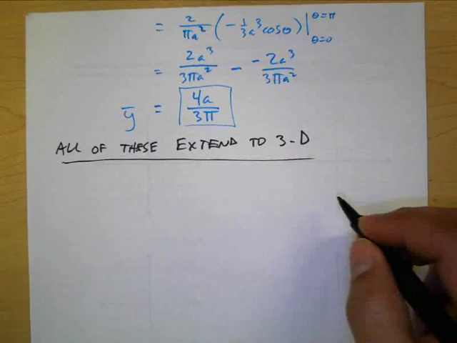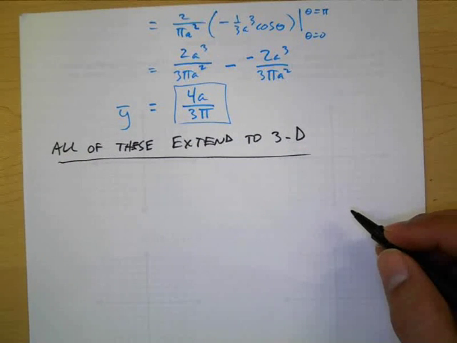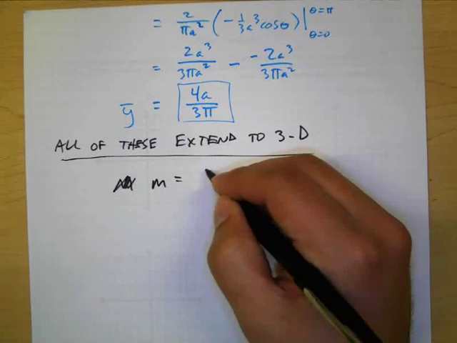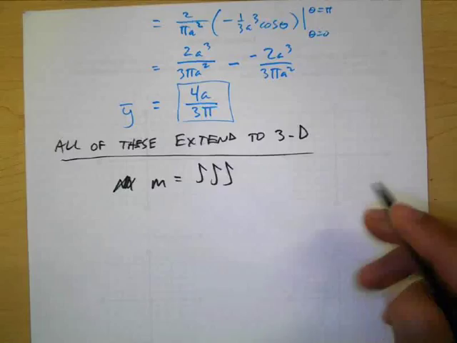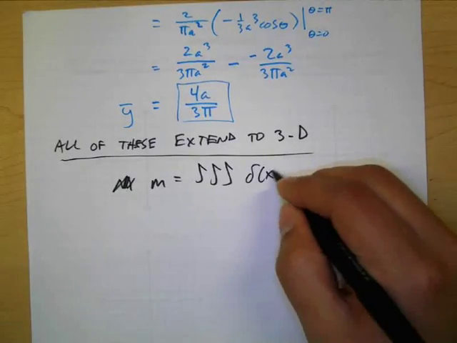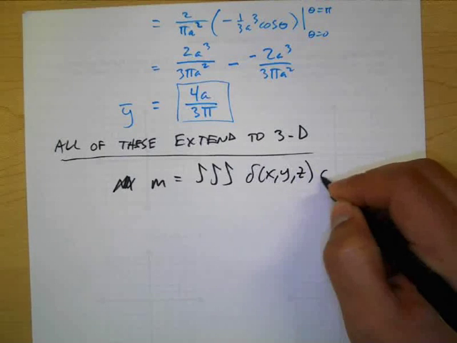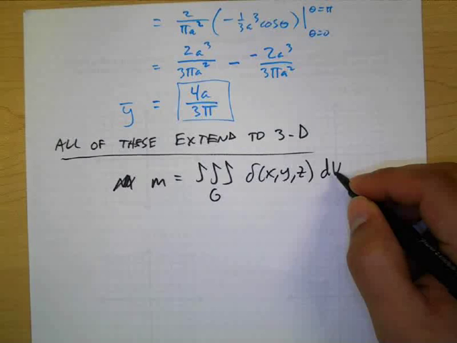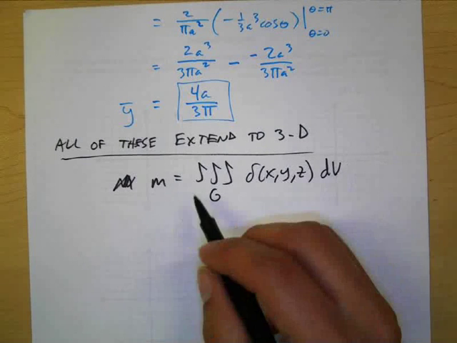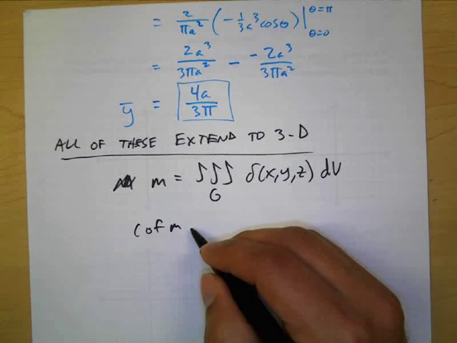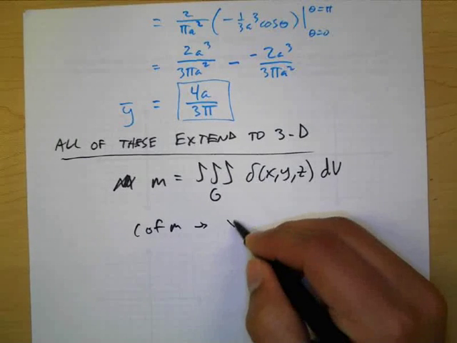So all the formulas we did extend to 3 dimensions. So mass, let me make it lowercase. If we have a 3-dimensional solid with a certain density function, now the density function would be in terms of 3 variables, and we'd integrate over the solid G with respect to dV. And then the center of mass formulas would be similar.